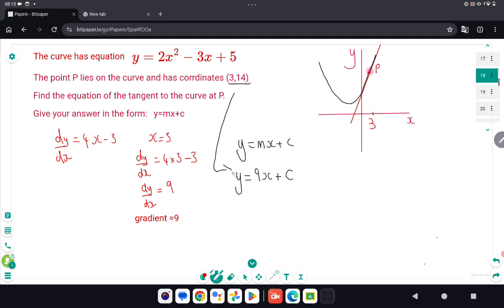Sometimes you're not given the y coordinate. If you're not given the y coordinate, you would sub 3 into this equation here, and that would give you the y coordinate.